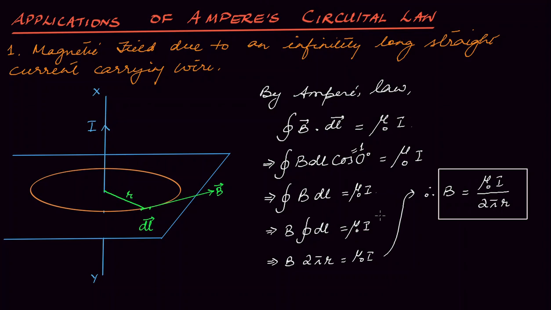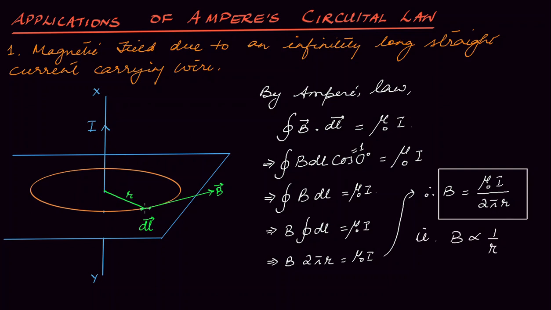Now if you look at this expression, how does the magnetic field vary with the distance? It is inversely proportional to the distance r.